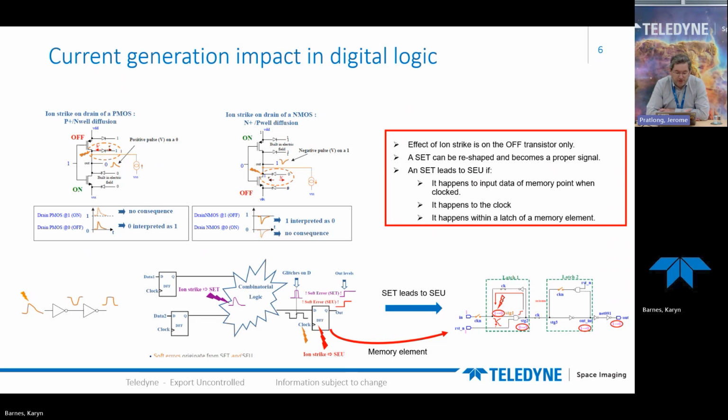If there is a series of inverters, this buildup of voltage at one node can be reshaped and transformed into a proper pulse that, when brought to a memory element like a flip-flop, can create an erroneous capture of data within the memory element. It is also possible that this voltage is created within the memory element, and via the positive feedback in the memory element, this transient will be captured as a solid logic level, 1 or 0.